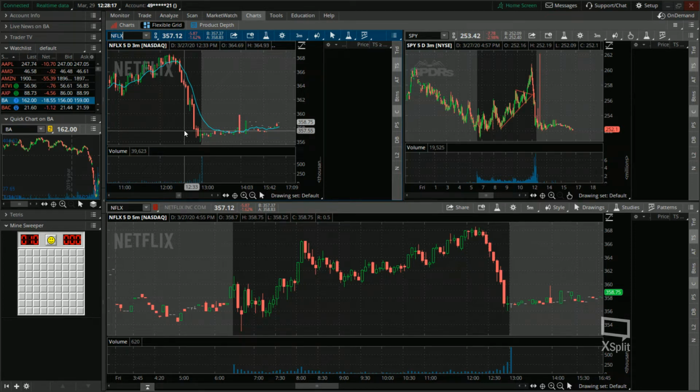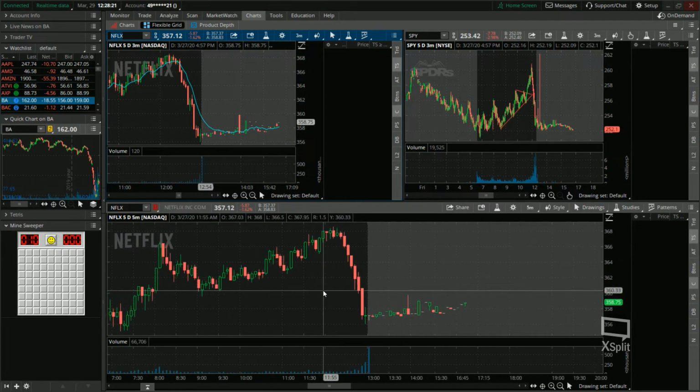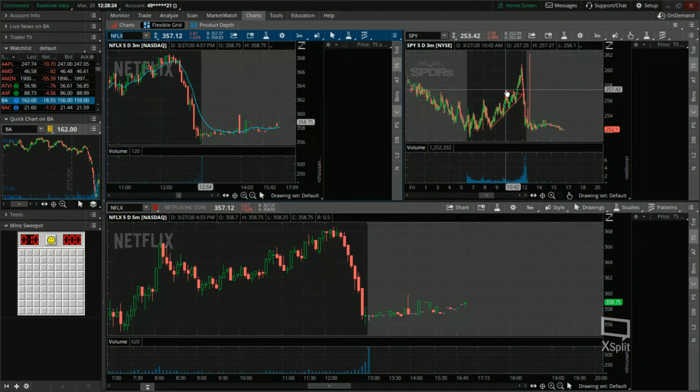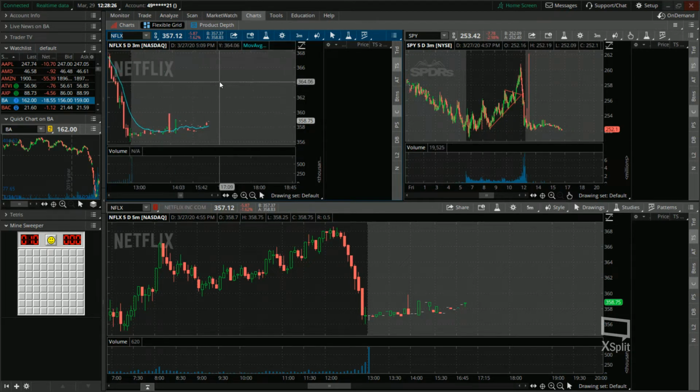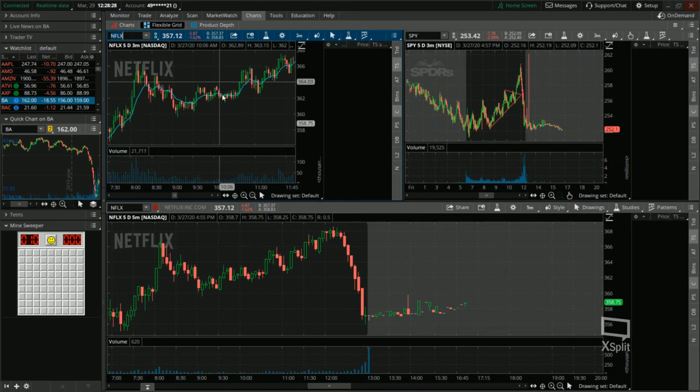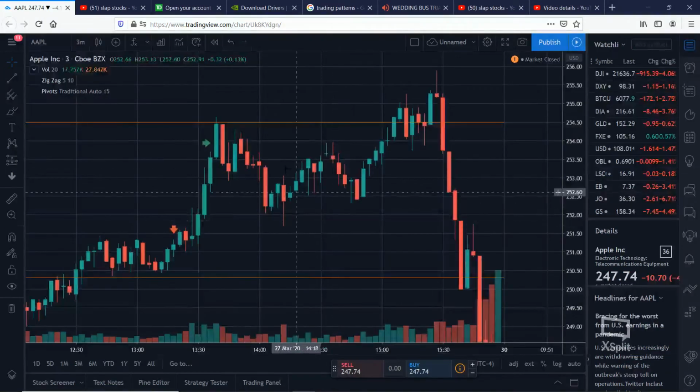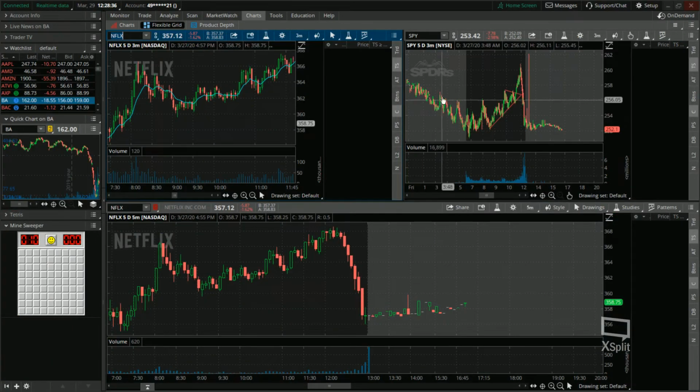I mainly use Thinkorswim charts just because it's real time, and I feel like Thinkorswim is quicker than TradingView when it comes to uploading their chart, like real time data. But I use TradingView just because it's simple and it looks nice too. This looks really nice to look at compared to, let's say, this.